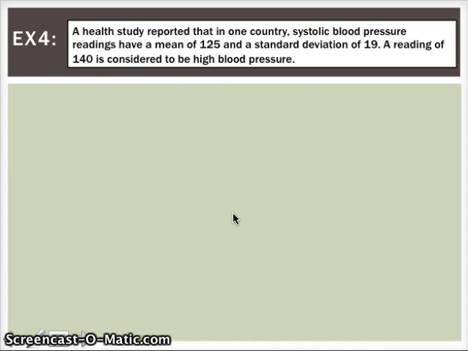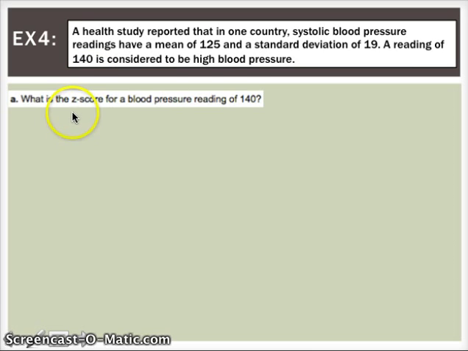A health study reported that in one country, the systolic blood pressure readings have a mean of 125 and a standard deviation of 19. A reading of 140 is considered to be high blood pressure. What is the z-score for a blood pressure reading of 140? Well, I can just plug into the formula for z-score.